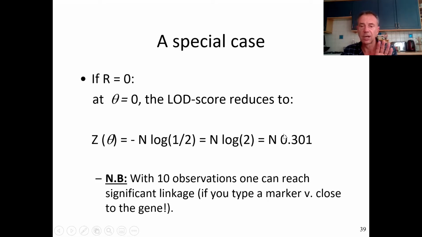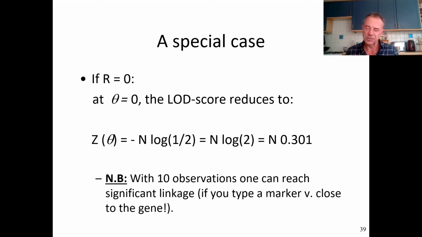So this is the formula for a LOD score when there are 0 recombinants at theta equals 0, and it turns out that it's n times 0.3. If I say n is 10, then that is a LOD of 3 from 10 non-recombinant meioses.